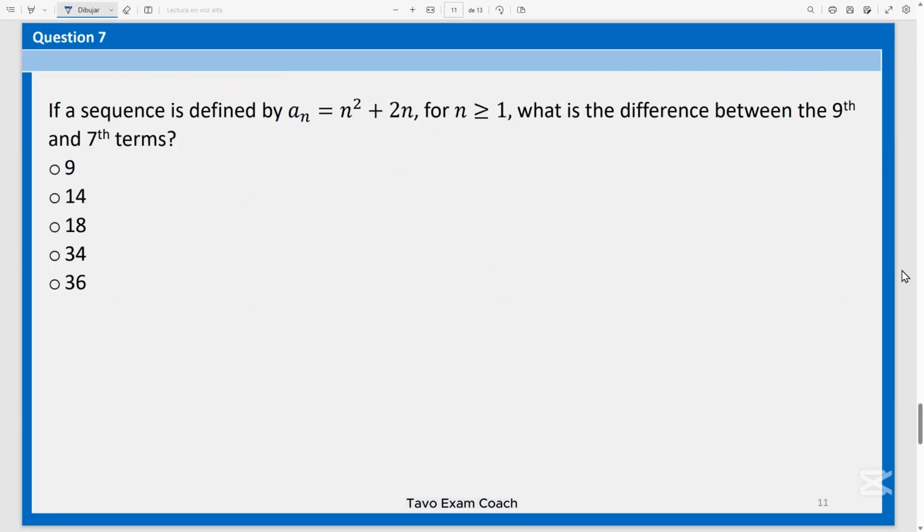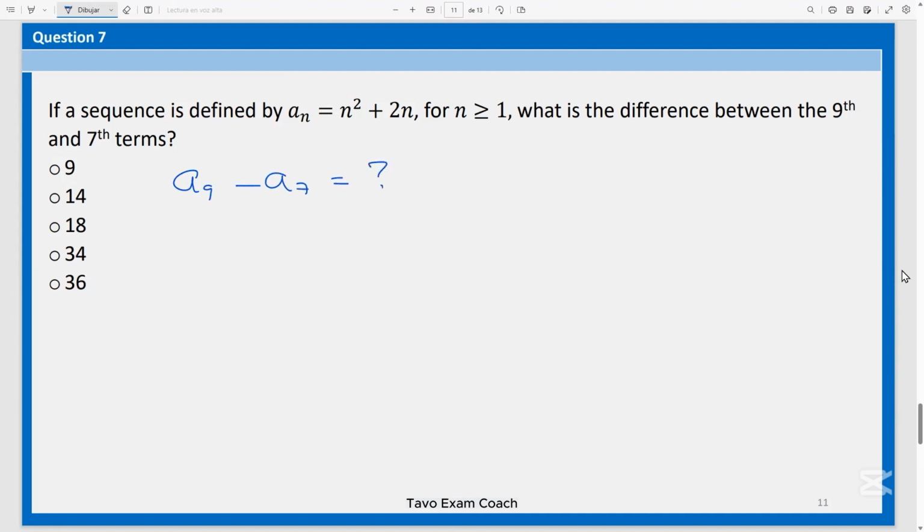Question 7 says, if a sequence is defined by a sub n equals n squared plus 2 times n for n greater than or equal to 1, what's the difference between the 9th and the 7th terms? So according to the definition, we need to calculate this, then subtract this.